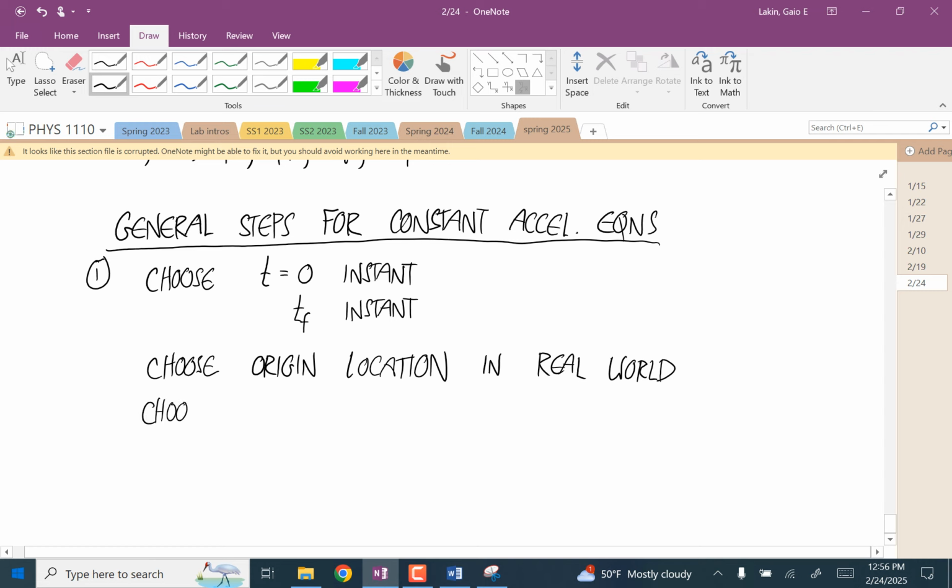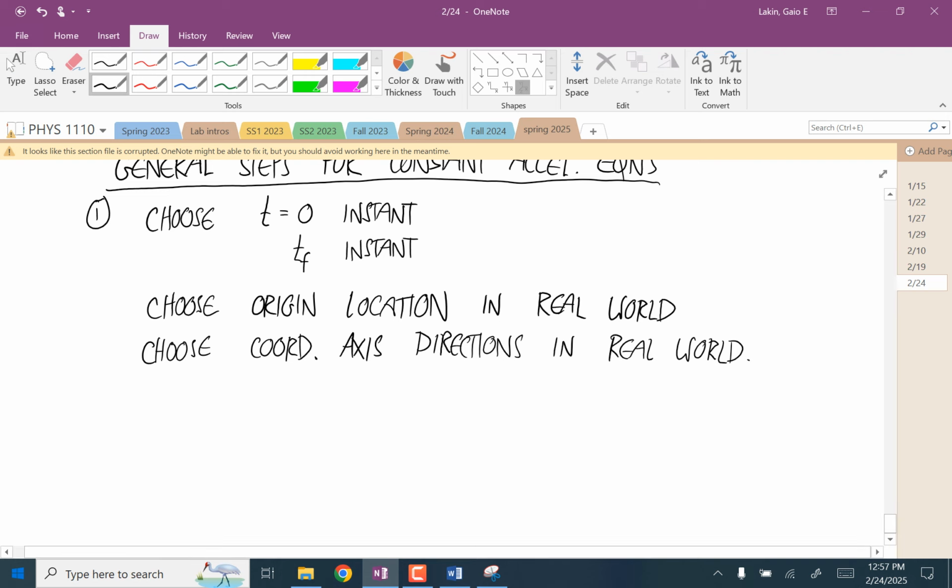And choose coordinate axis directions in the real world. Once you've done that, list out the variables you know and the variable you're trying to find.